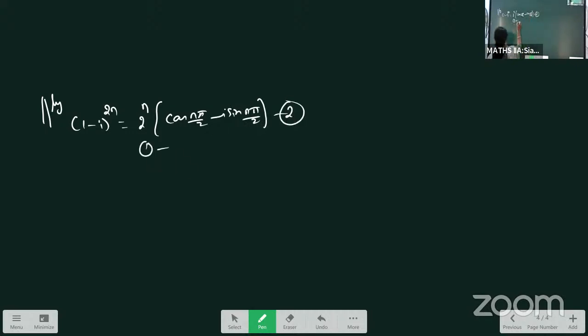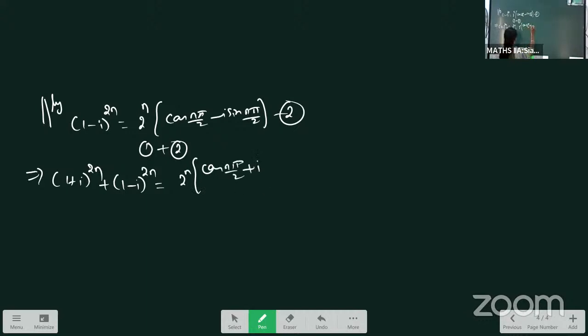Now add 1 and 2. The LHS of 1 is 1 plus i whole power 2n and the LHS of 2 is 1 minus i whole power 2n. Both have 2 power n common. So cos n pi by 2 plus i sin n pi by 2 plus cos n pi by 2 minus i sin n pi by 2.